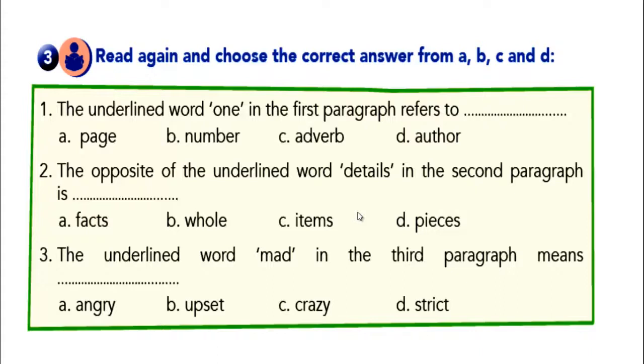Facts, whole, items, pieces. Number three, the underlined word mad in the third paragraph means what? Angry, upset, crazy, or strict? Take your time and answer them. Pause the video and then come back to check the answers.